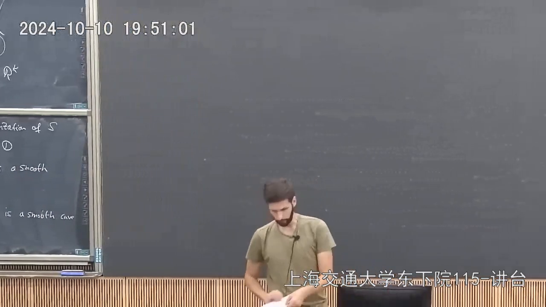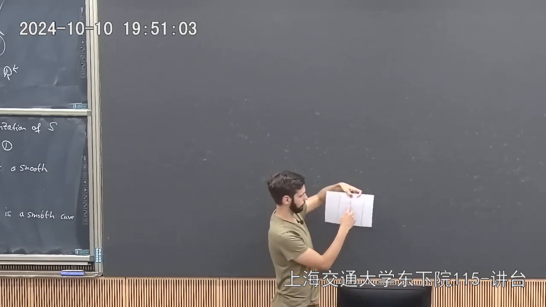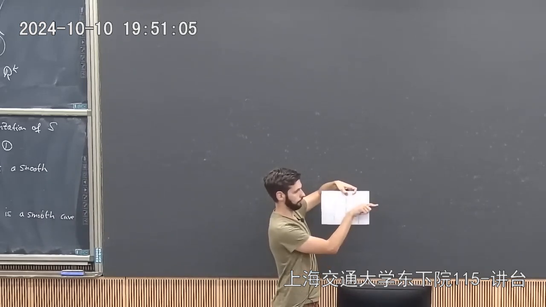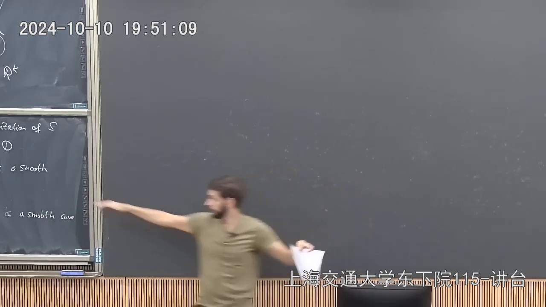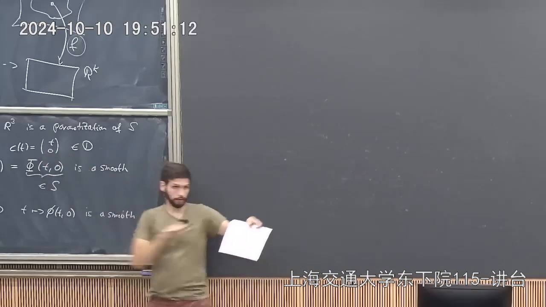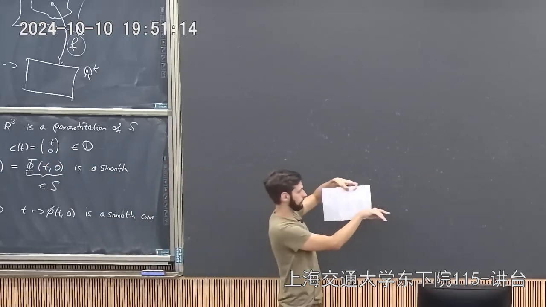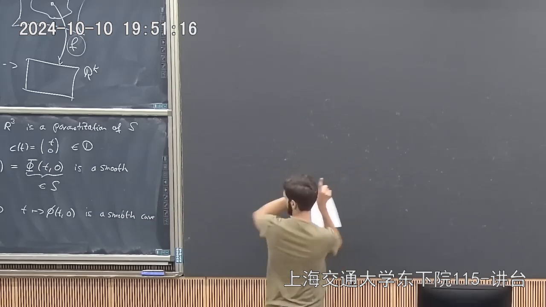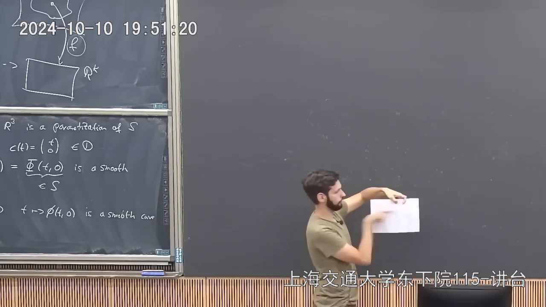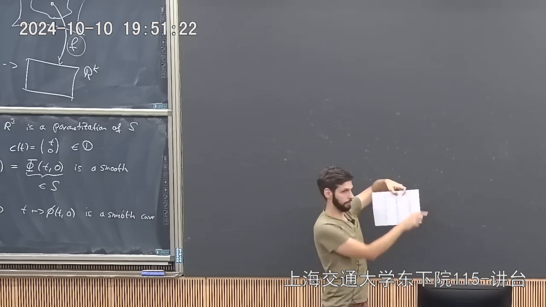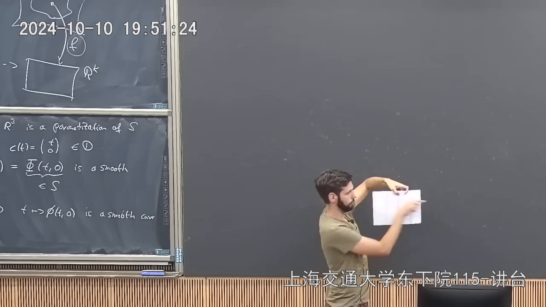Once you fix the origin here, this would be the red line, this curve C of t. It's just going in the x direction. Actually, it goes up. Yeah, y is 0, so it goes in this direction. That's the curve C of t, the red line.